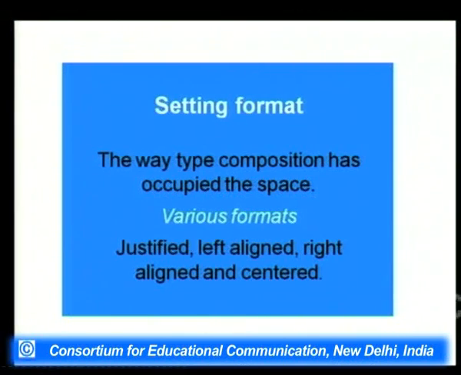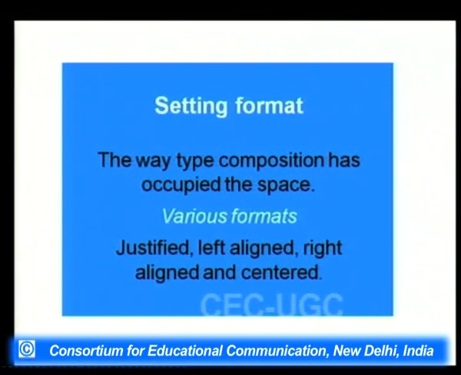Setting format of the typographic composition. What do you mean by setting format? The way type composition occupies space. All type composition will occupy a certain area of the page. There are different formats available. Justified: lines are aligned on both sides.